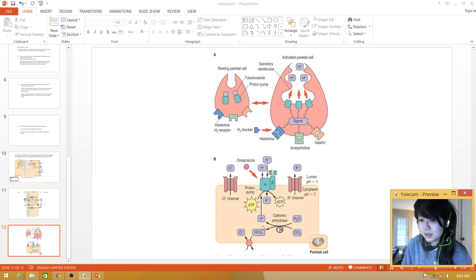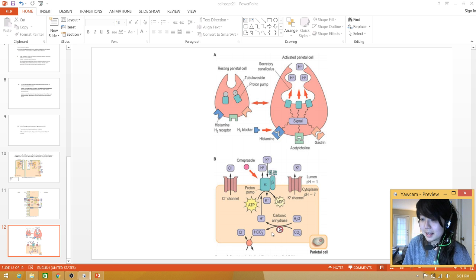The potassium is going to be transported out of the cell through an antiport, and once the proton leaves the cell through this antiport, it's going to allow potassium to come into the cell. This potassium is then going to be transported out through a potassium channel seen right here.